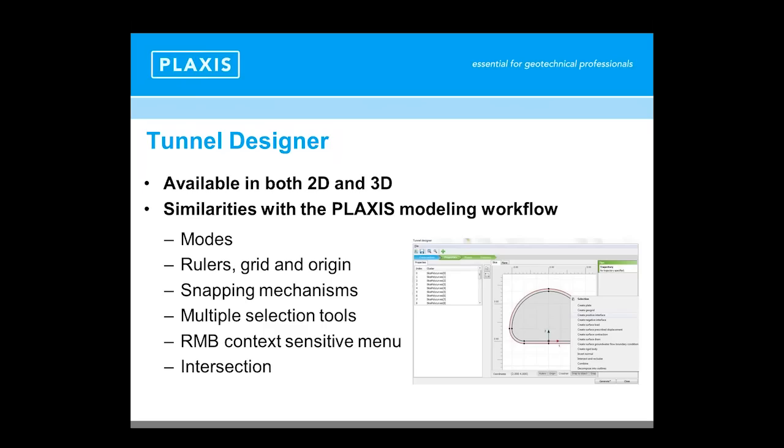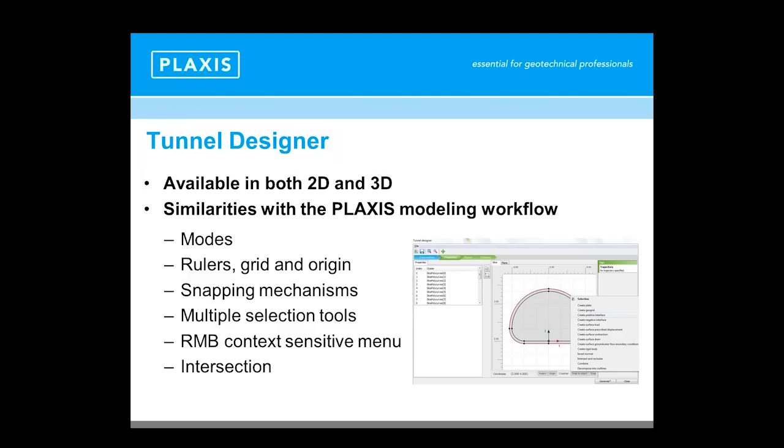It also offers rulers, grid, origin, and a snapping mechanism to ease the definition and the selection of the constitutive objects in your model. We also offer multiple selection tools by means of a drawing selection window.